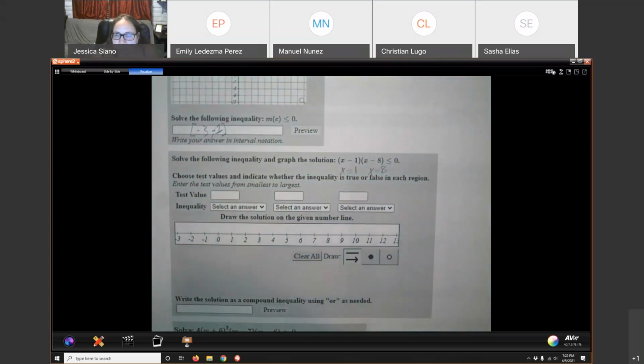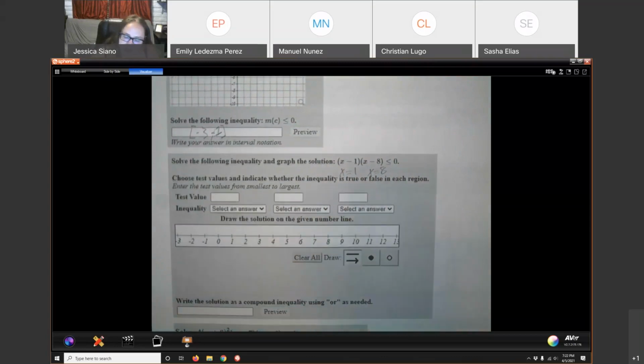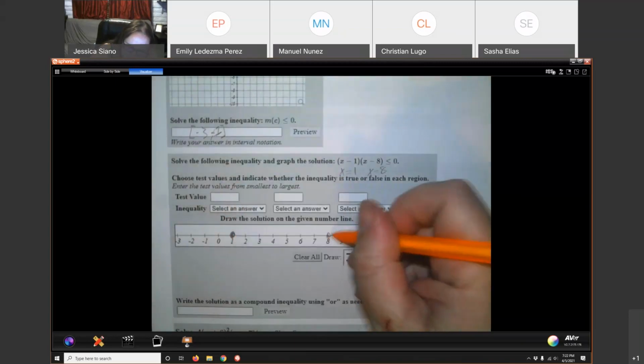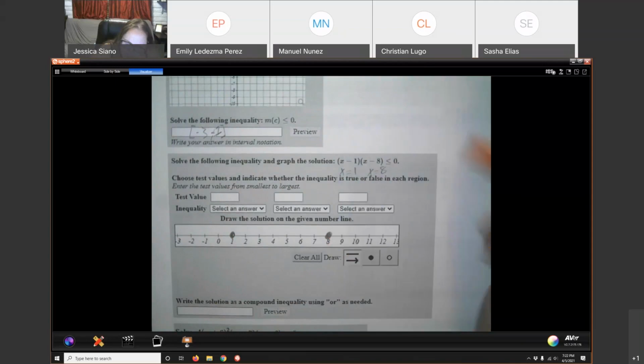If I say x minus 8 equals 0, that would be 8. So then I draw a number line, which here they already gave me, and then I put dots on the number line at these values. So a dot at 1, a dot at 8. Now note that these are closed dots because this did have the or equal to. If it did not have the or equal to, then they would have been open dots.